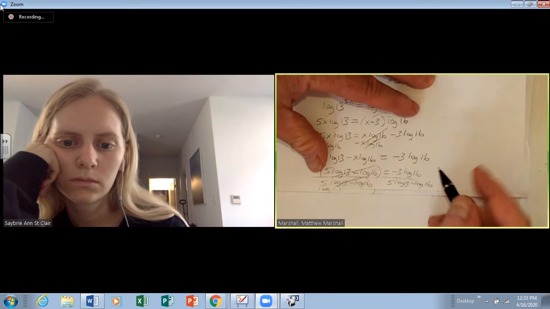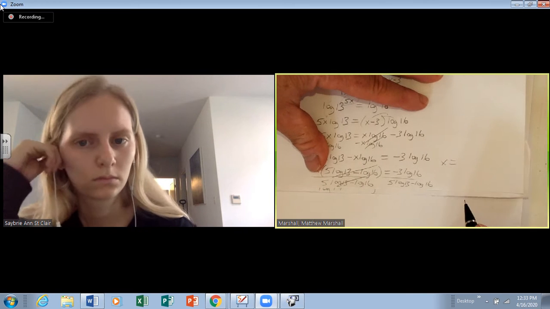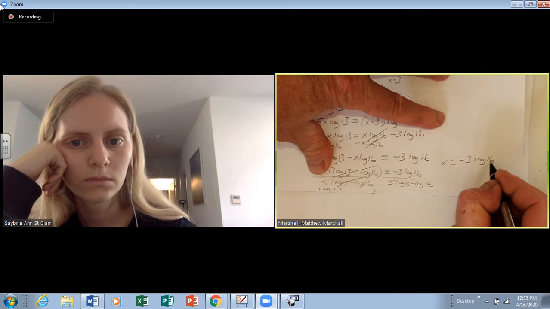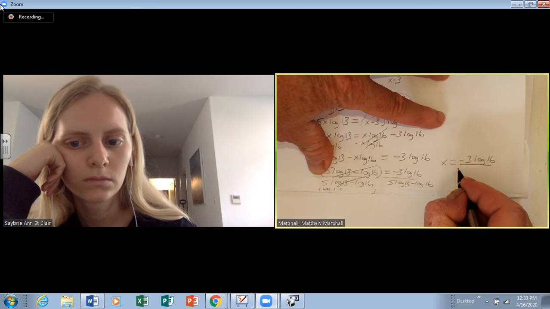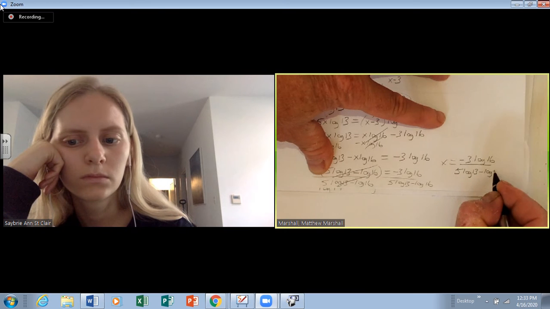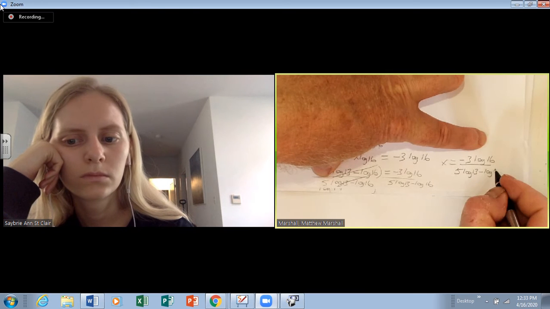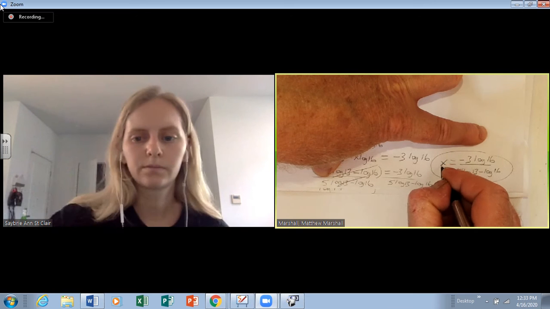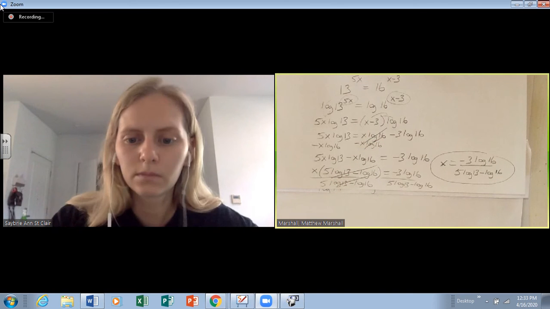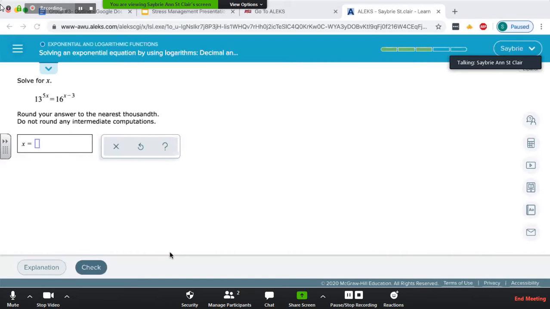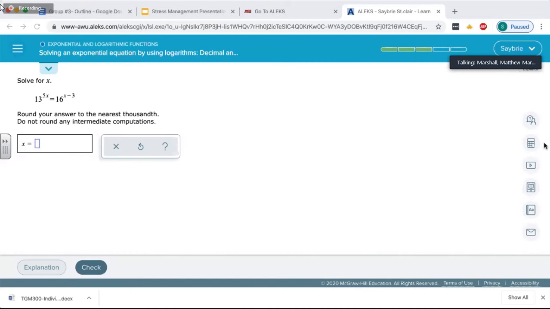So after all that, x all by itself is negative 3 log 16 over 5 log 13 minus log 16. Just like that. Oh, wow. Messy. Gnarly. Hopefully it's right. I don't want to go backwards on those.